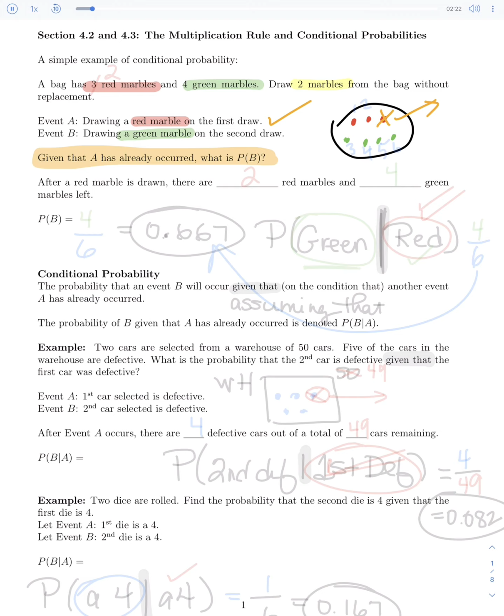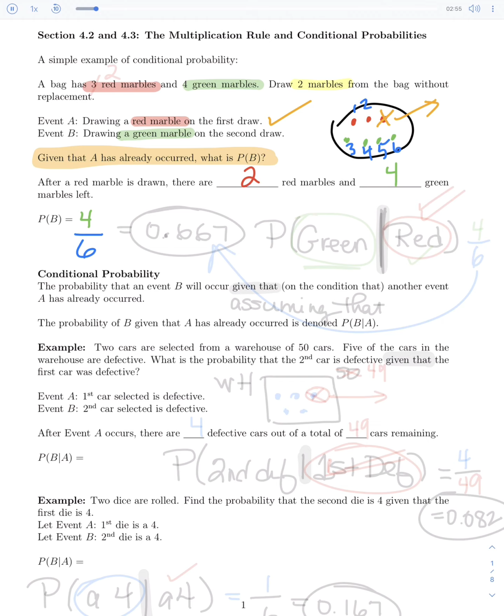Well, I didn't touch the number of green marbles. I've still got 4. However, I did originally have 7 marbles, but I took 1 out. So now I've got 1, 2, 3, 4, 5, 6 left because I removed one of the red ones. It was not replaced. So I have 4 green marbles out of a total of 6 that were left. 4 of them are green, and only 2 of them are red because one of the reds already got removed.